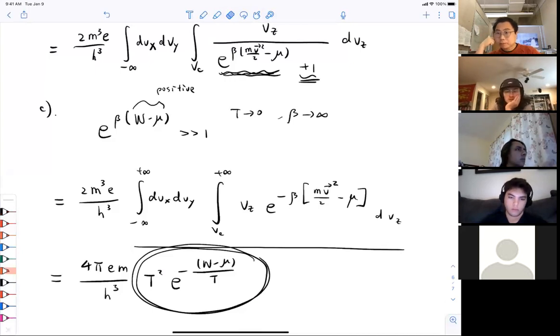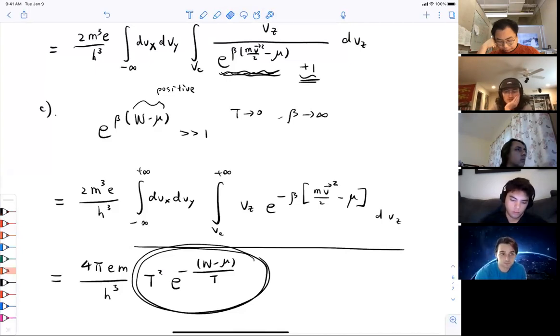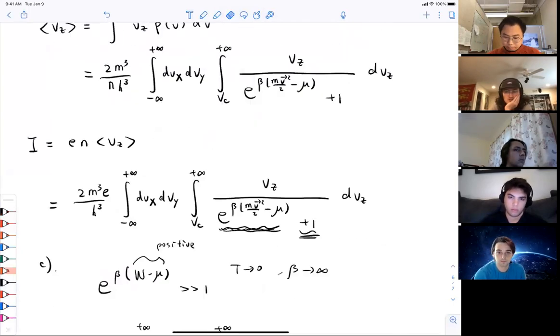So the chemical potential did not appear in the inequality for the momentum in part A. Is that right? Yeah.